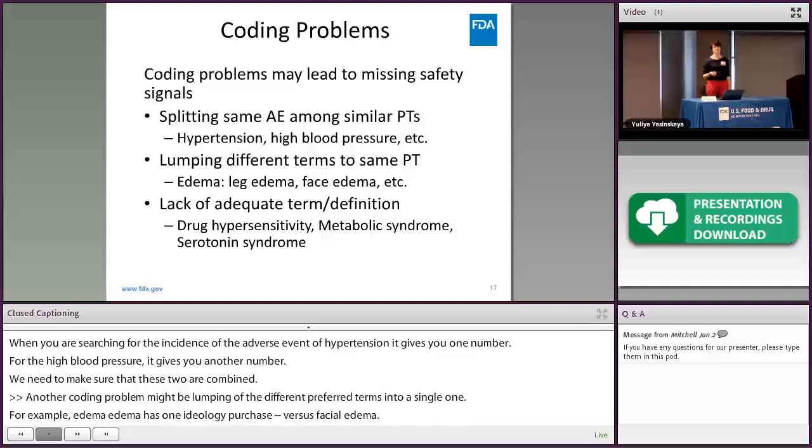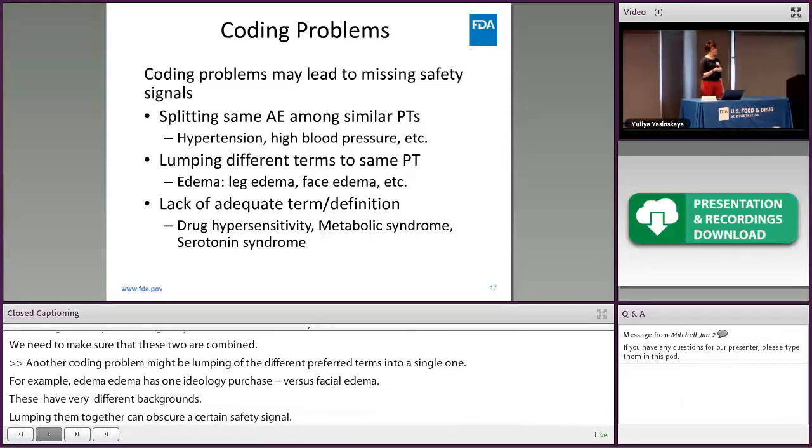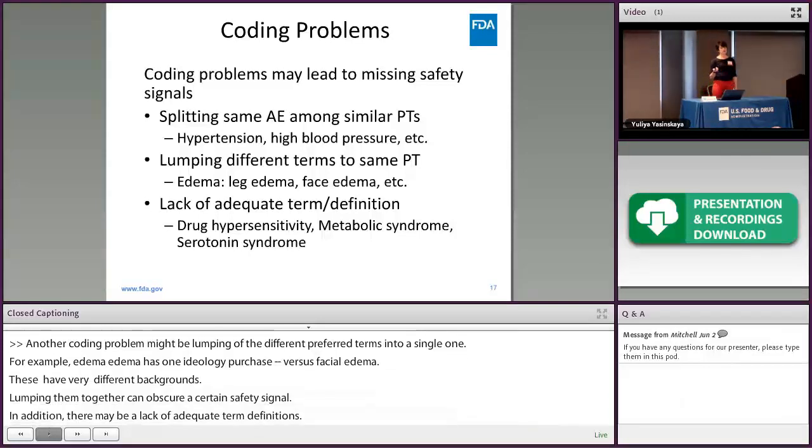And those, if they are expected in your clinical trial with your particular study drug, we would like you to define those a priori within the study protocol so the investigator knows how to report them appropriately, and then the coding team will know how to code them under the dictionary term.